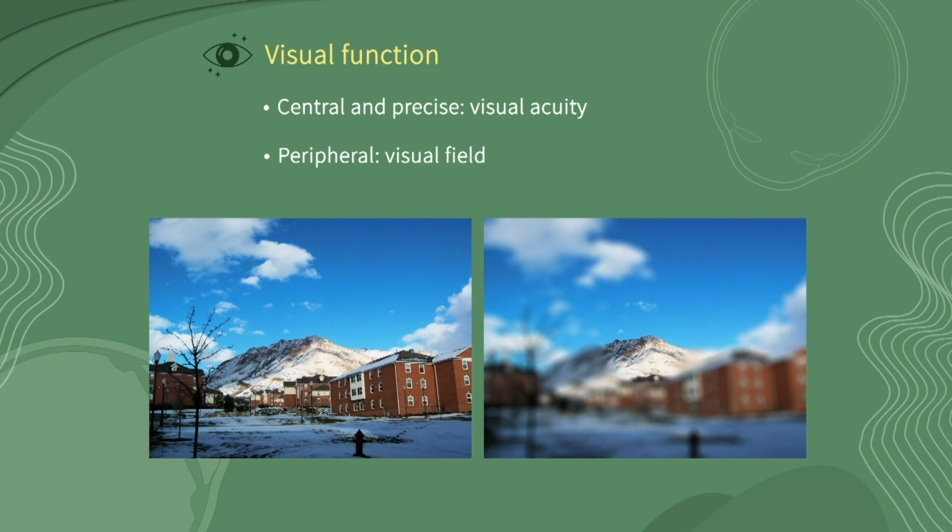The peripheral part of the visual field is blurred. But when our eye moves, the entire view will be clearly visible on the central part of the retina. The central and peripheral vision can be assessed by visual acuity and visual field testing respectively.